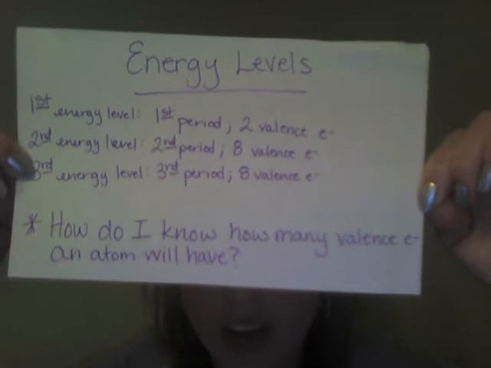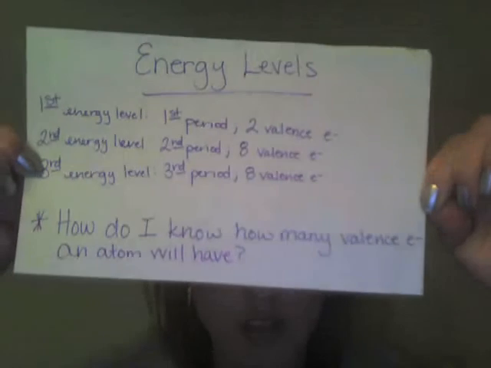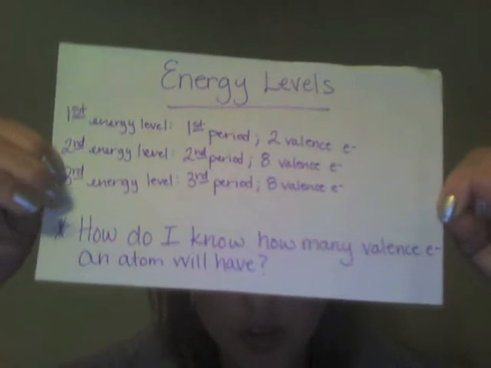You may be wondering, how do I know how many valence electrons an atom will have? All you have to do is take a look at the periodic table and remember the pattern that I showed you. On your periodic table, you have your group 1, which is over here, and then you have group 2, and then you have groups 13 through 18, which are right over here.